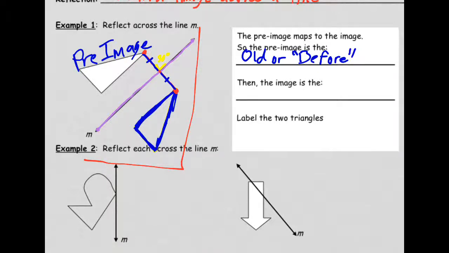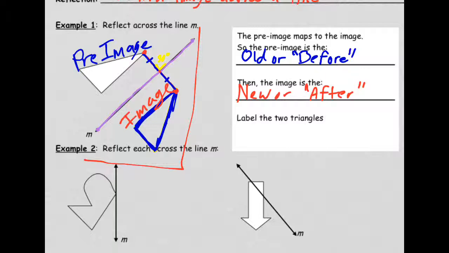The thing you see in the mirror is the image. The image is the new, or the after. And we've just labeled those two triangles. So remember, the image is after the transformation, much like when you see one of those before and after weight loss pictures. The image is the after.